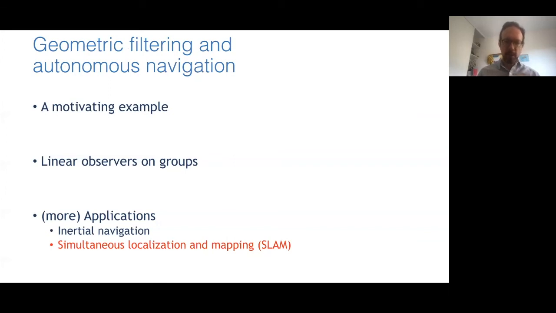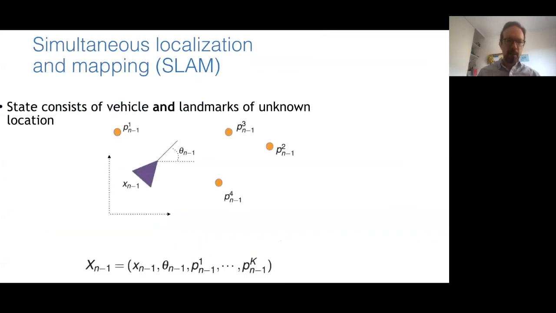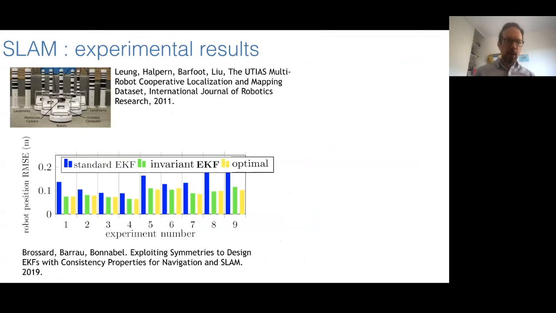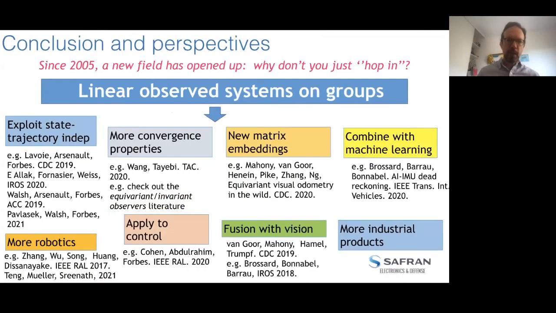I had one more application I wanted to show you, but I won't have time. It's okay. Let me just skip that and move to the conclusion. So yes, basically a new field has opened up, which is using these linear systems on group theory to do state estimation.